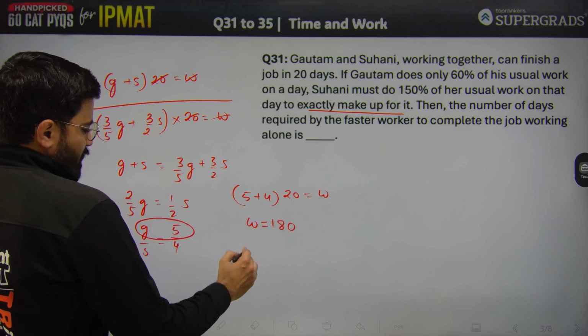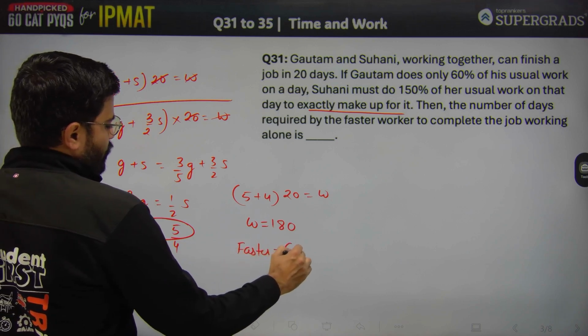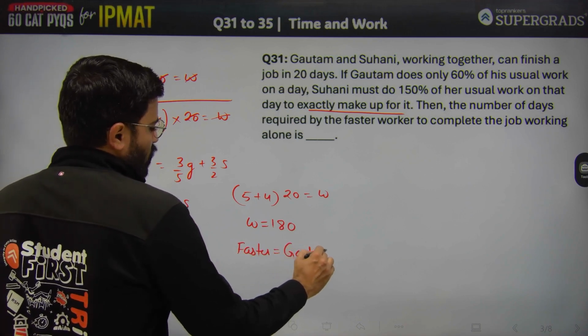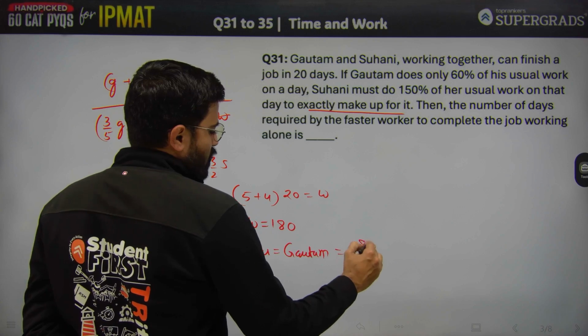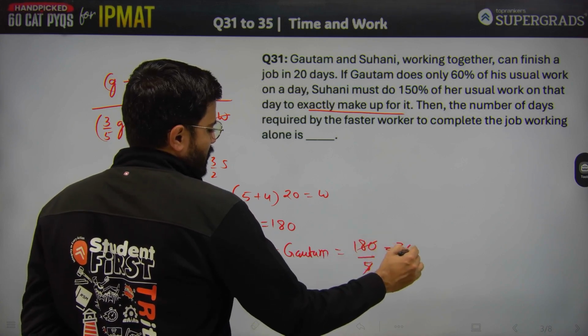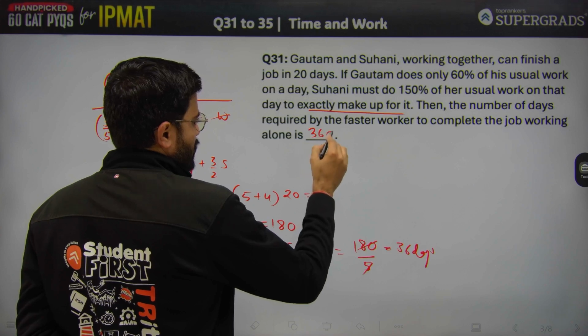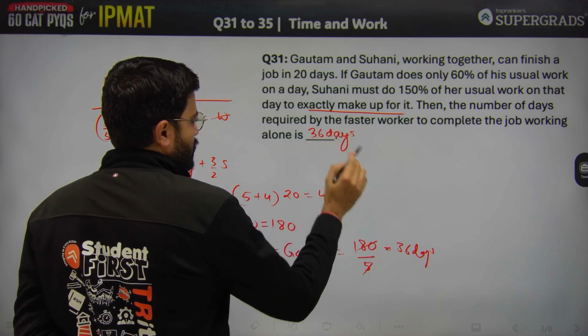How many days will the faster worker take? The faster worker is Gautam, and he will take 180 by 5, which means only 36 days. So the answer is 36 days.